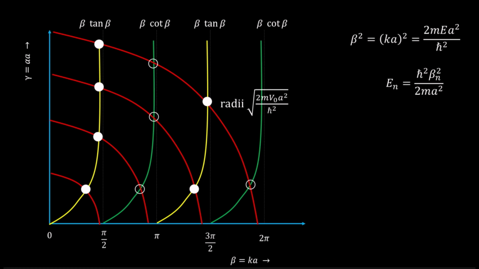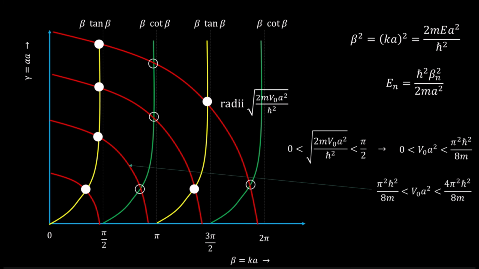Thus, there will be one energy level for the symmetric wave function for V0 a square greater than 0 and less than pi square h cross square by 8m, and two energy levels, one for the symmetric and one for the antisymmetric, for V0 a square greater than this quantity and less than 4 pi square h cross square by 8m, and so on.